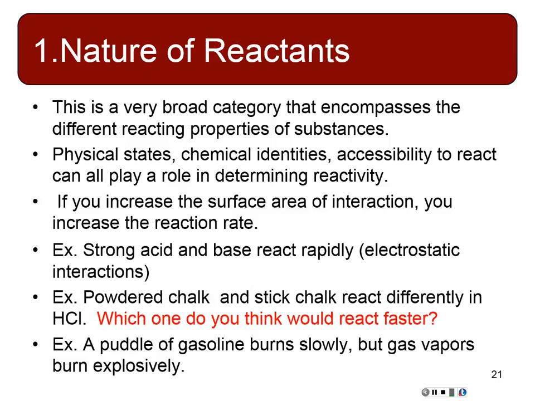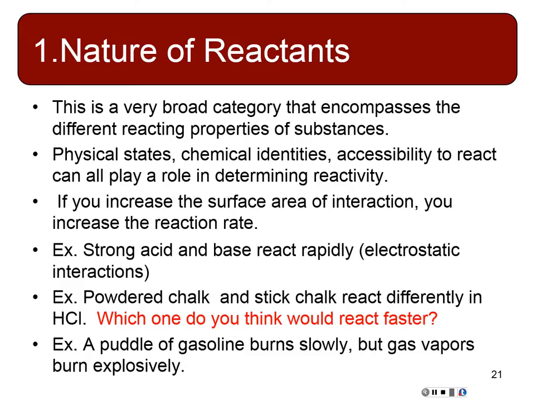Like I said, nature of reactants is best described by just talking about examples, because it encompasses a lot of different reacting properties. One is the physical state. The rate of a reaction can depend on whether it's a solid, a liquid, or a gas, how fast it will react.